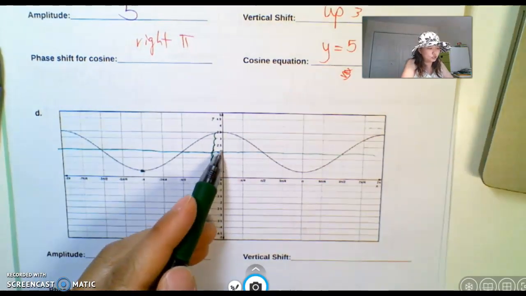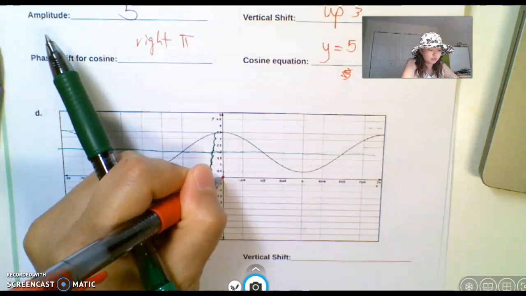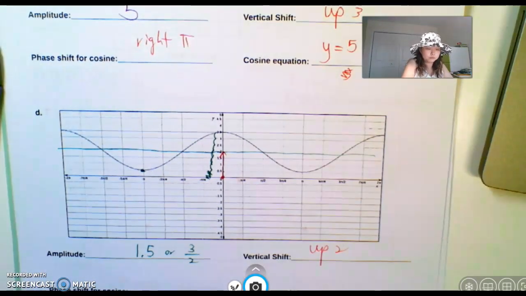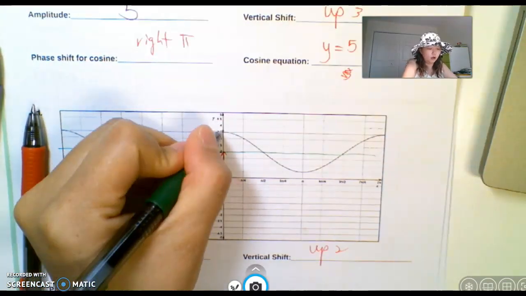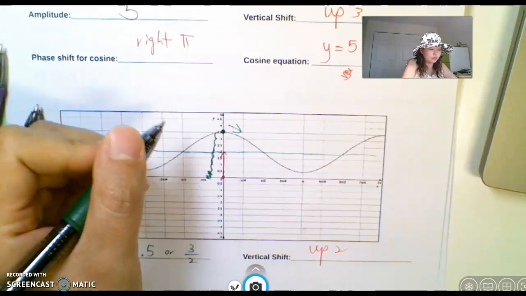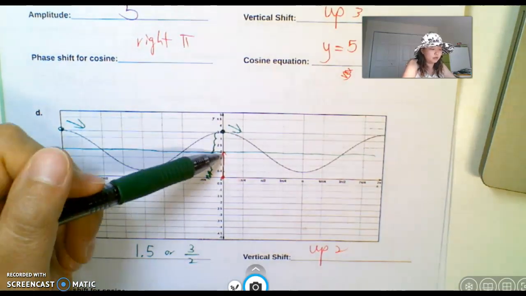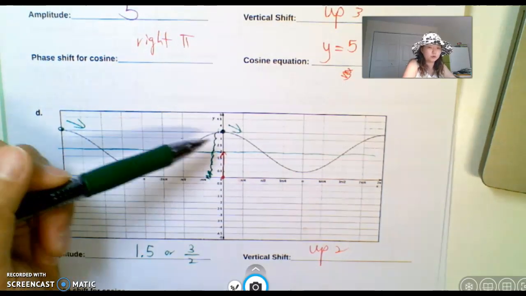My middle line is at 2. That means usually I start at the origin, but I had to go up 2. Now this is cosine, so we're looking for the tallest and then going down. But do you see how, wait a minute, the tallest is up here? So you don't have to move left or right.